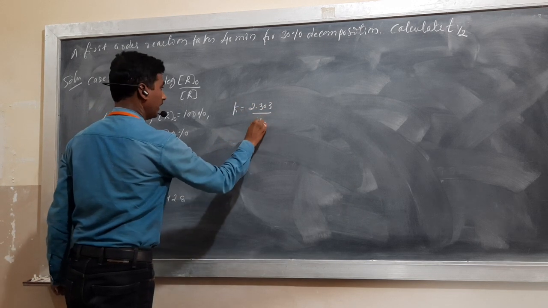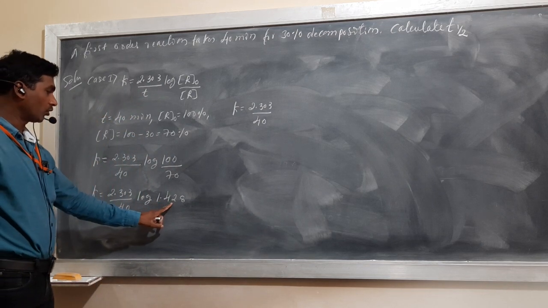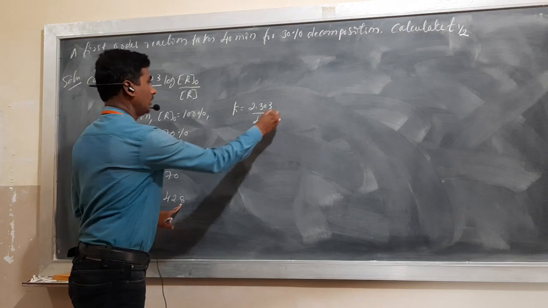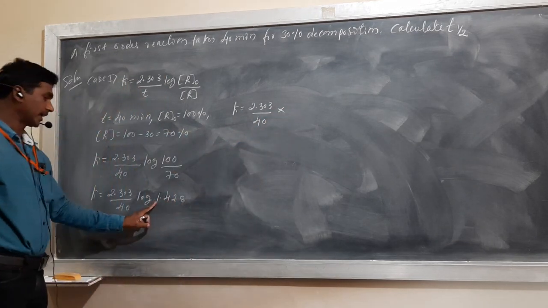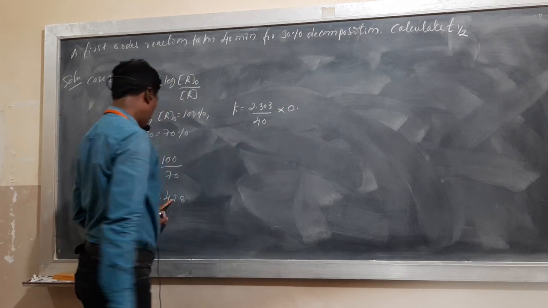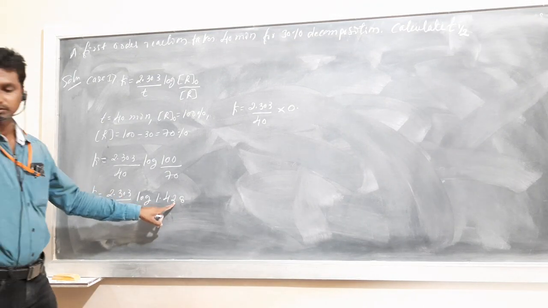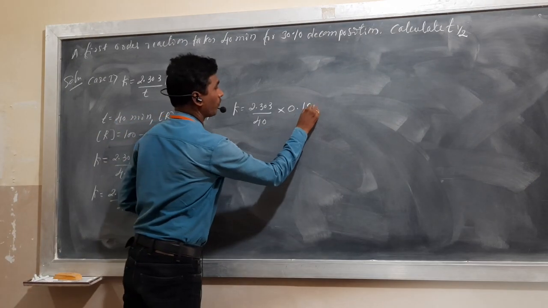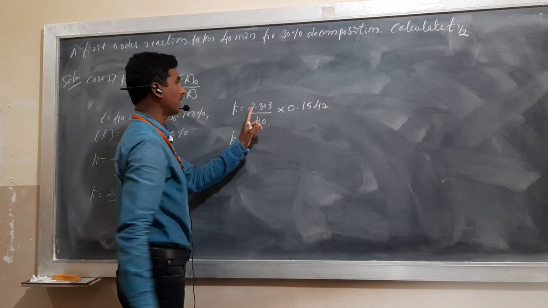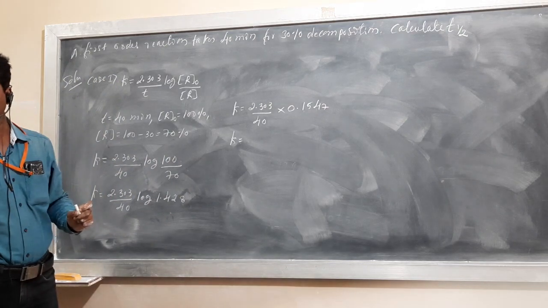Now K is equal to 2.303 divided by 40. You see log 14, second column, and the mean difference is 8. So what is the characteristic? The characteristic of log 1 point is 0, and log 14 second column and 8th mean difference, so we can get 0.1547. Now multiply 2.303 into 0.1547 divided by 40.